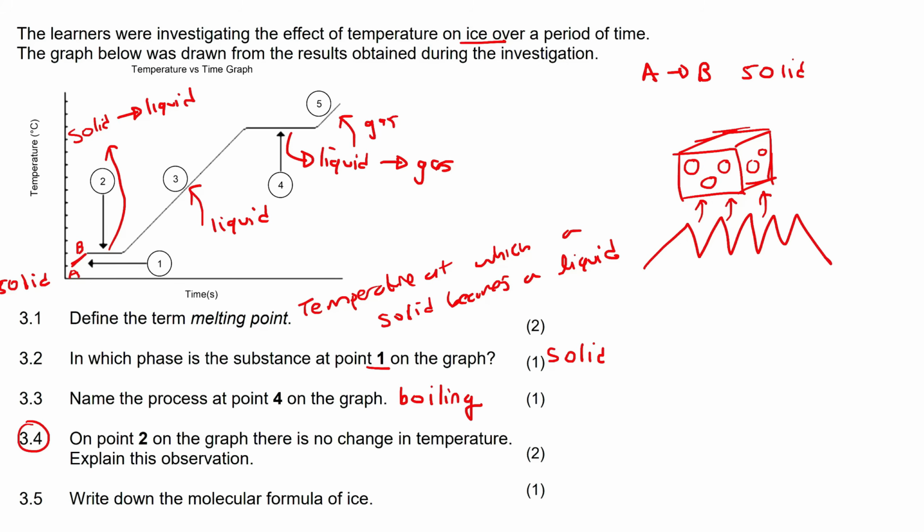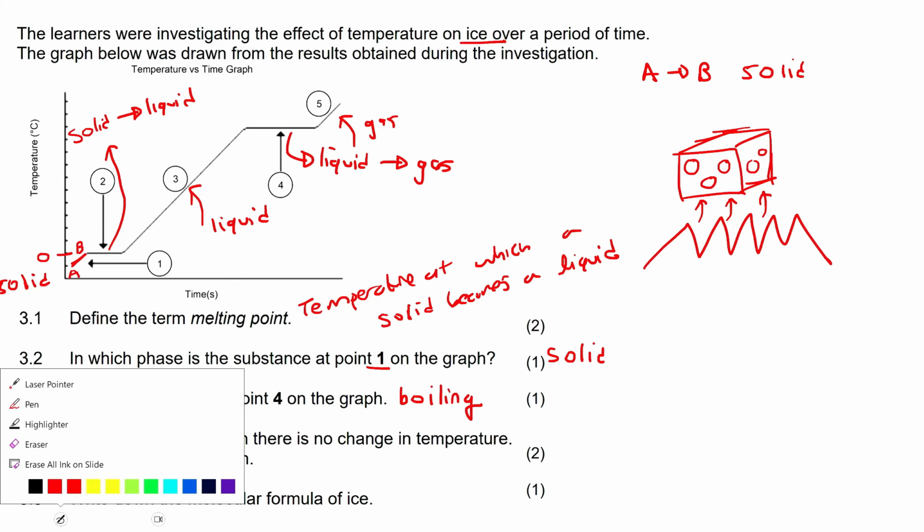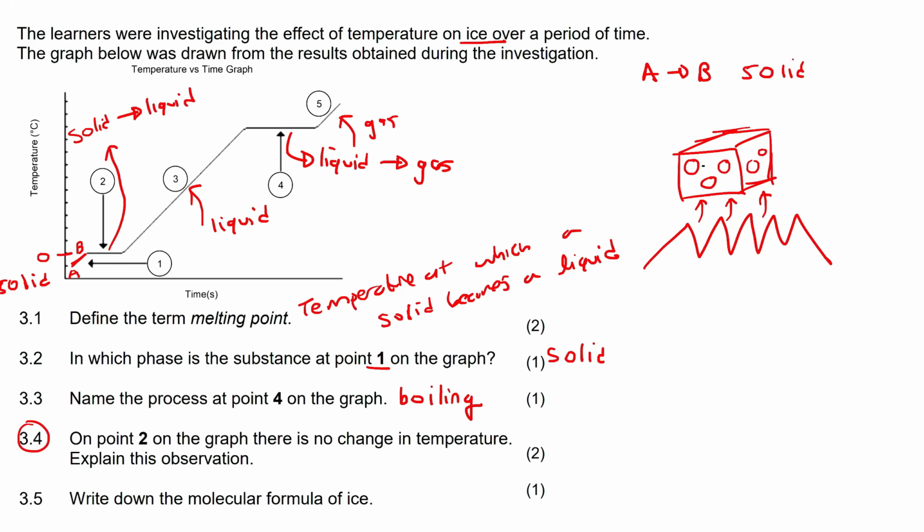Okay? Now, as you get to point B, where we've reached for water, which is at 0 degrees Celsius, what's going to start happening now is the intermolecular forces, which are the forces that are in between the molecules. They are the forces that are holding the molecules together.